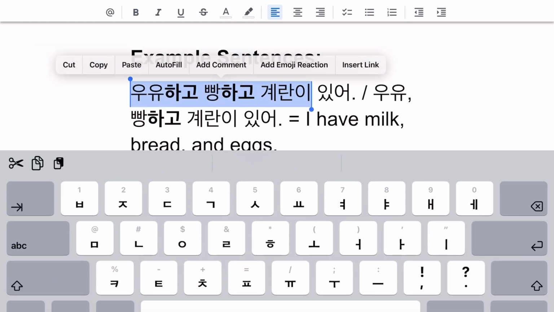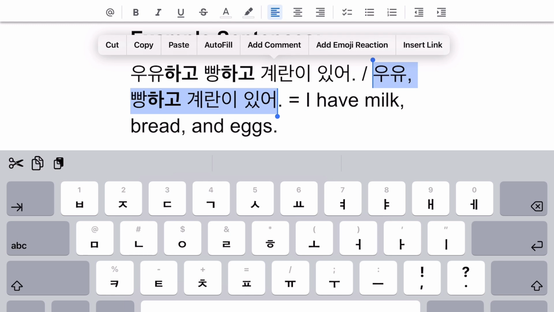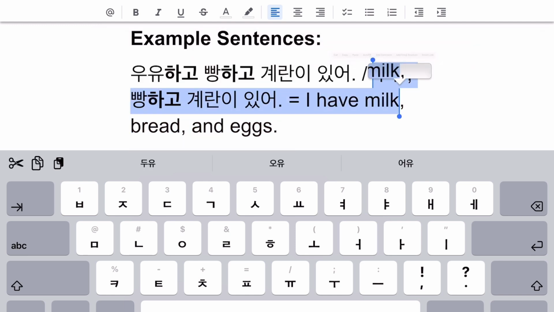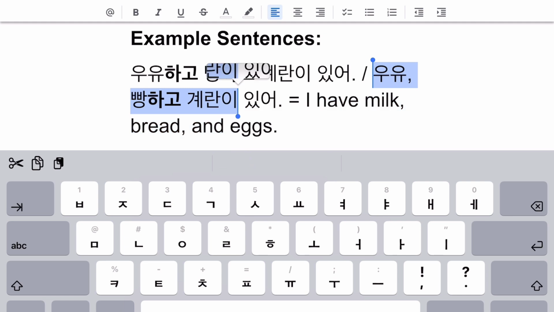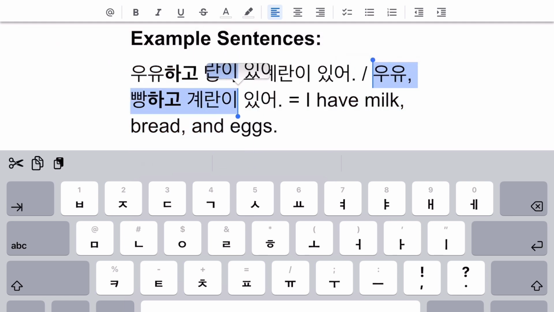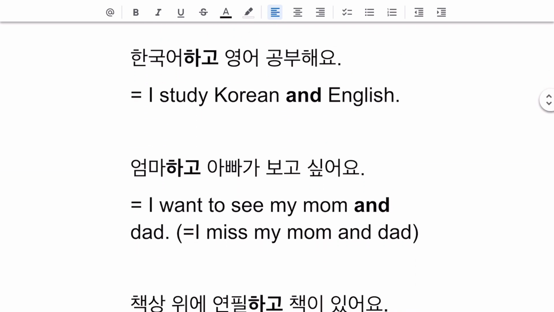One puts 하고 between each thing, so "and" appears 2 times. In the other, like in English, we only put one "and" right before the last word: milk, bread, and eggs.